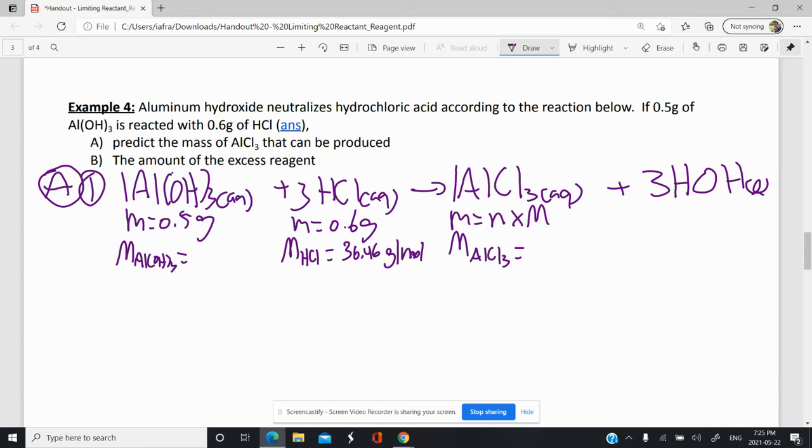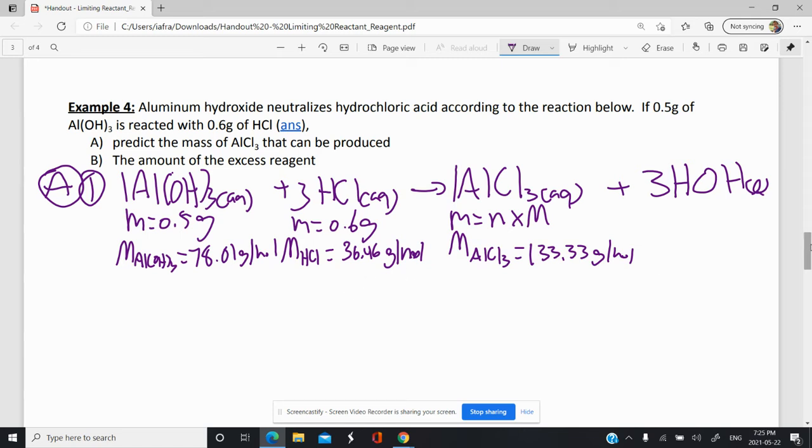For aluminum chloride, we get about 133.33 grams per mole. For aluminum hydroxide, we get 78.01 grams per mole.